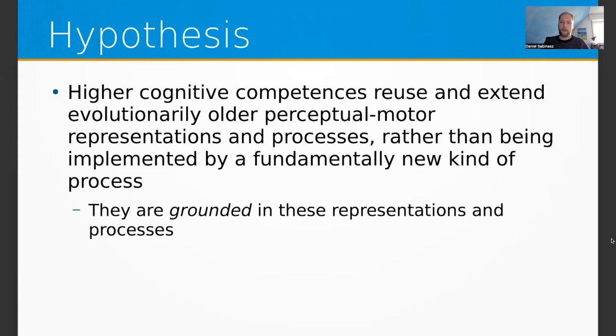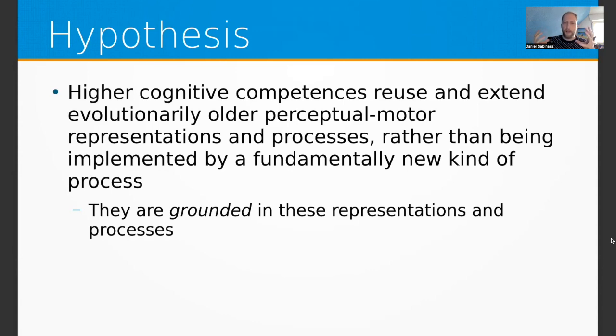Right? The classical computational theory of mind would have stated that at some point in evolution, a completely new kind of process emerged, namely algorithmic symbol processing, which gives rise to the human intellect. In contrast, this hypothesis states that no, that's not what happened. Rather, evolution keeps building on things that are already there and reuses them and possibly also extends them.